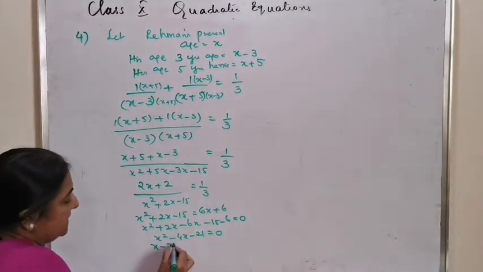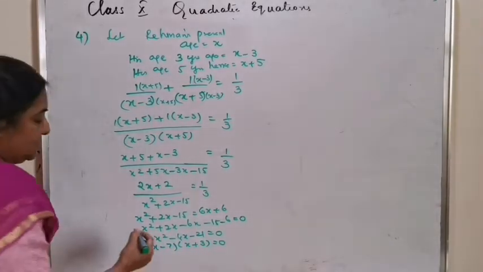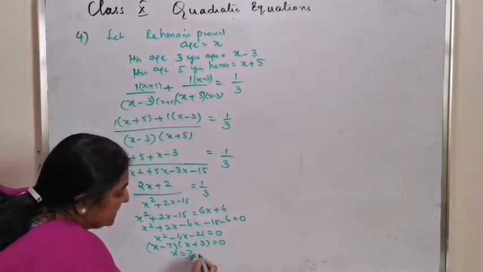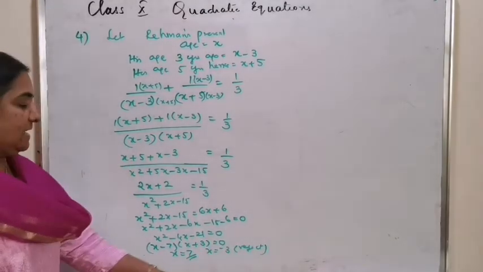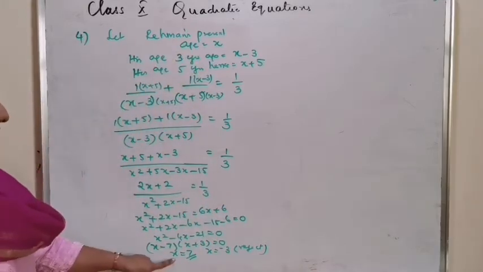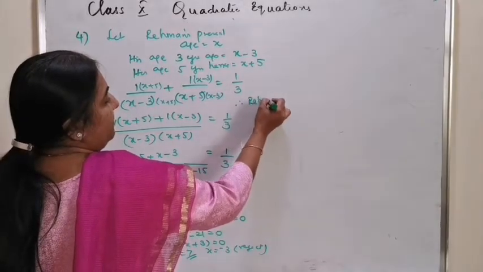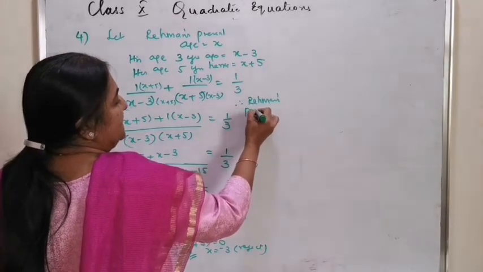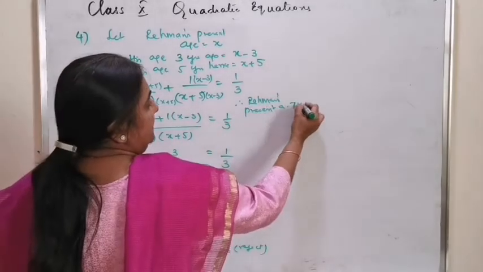It is (x minus 7) into (x plus 3) equal to 0, which shows that the value of x is 7, x is minus 3. Minus 3 has to be rejected because the age cannot be a negative value. So what is Rahman's present age? Therefore, Rahman's present age is 7 years.